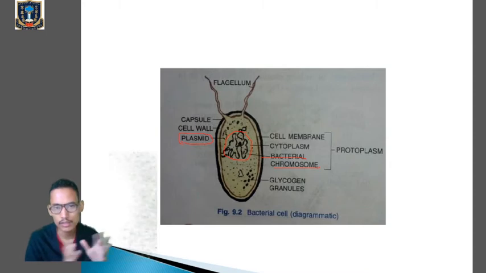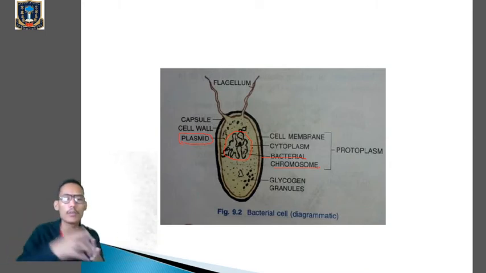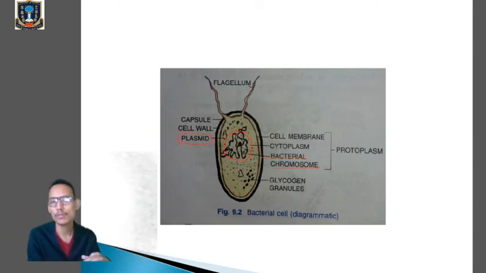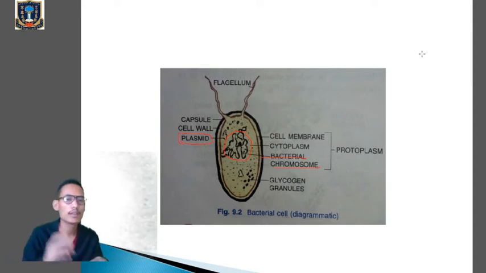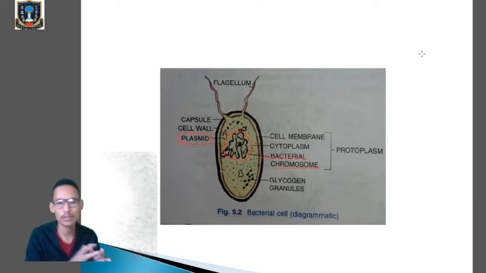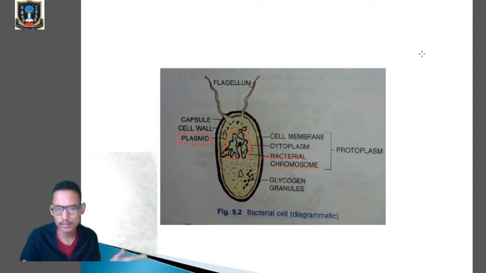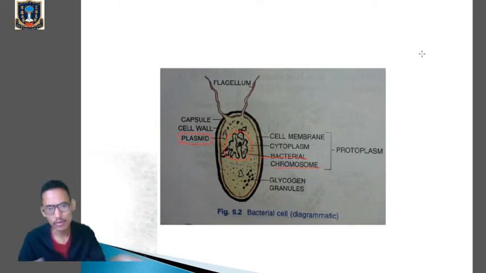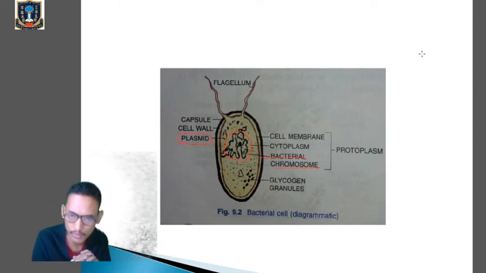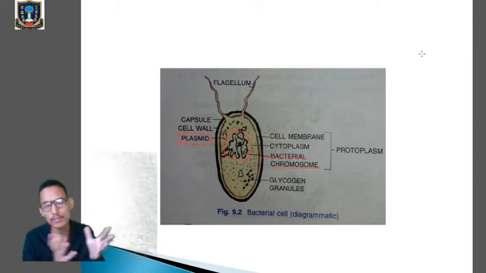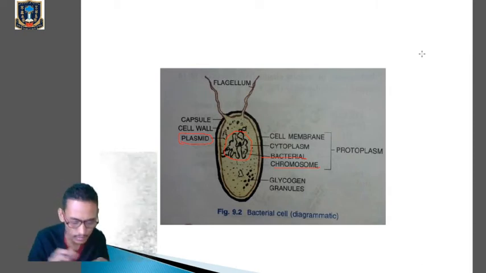So what we have learned till now, dealing with the structure of bacteria: in bacteria there is no well-defined nucleus, so the bacterial chromosomes are present in the central region. Then we find the extra chromosomal circular DNA, which is called the plasmid. Then we find the living protoplast inside the cell membrane, and the cell membrane is surrounded by the cell wall, which is made of peptidoglycan, mainly a polymer of amino acids and sugar.